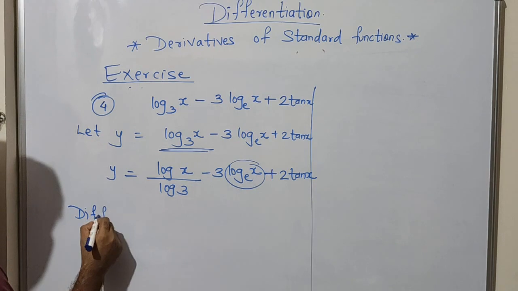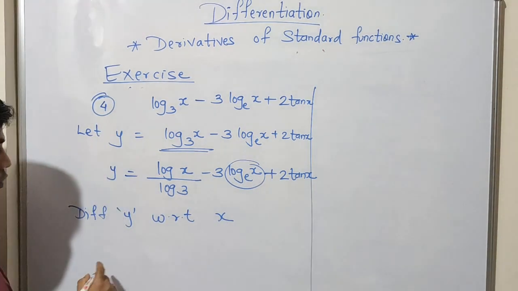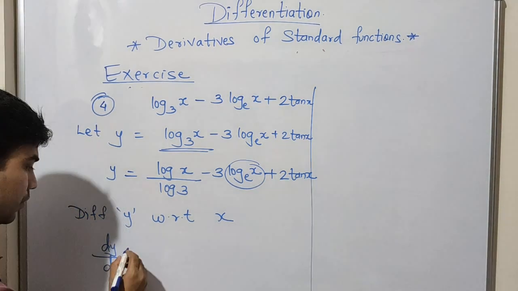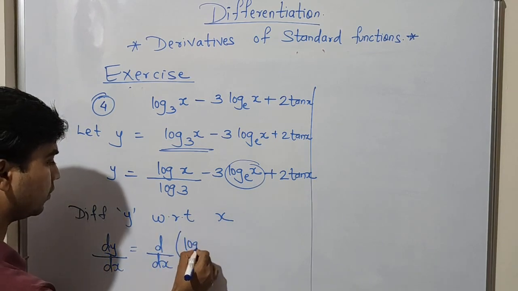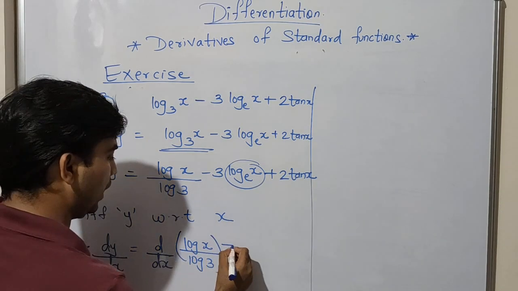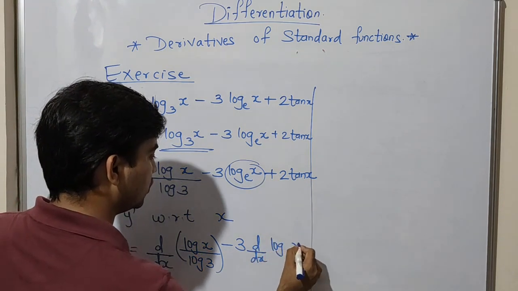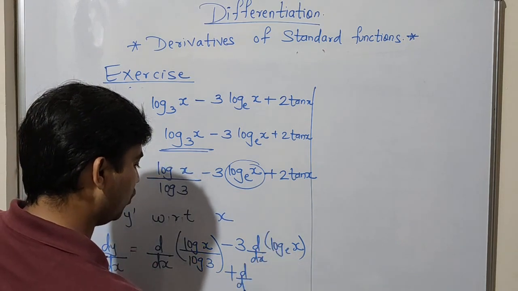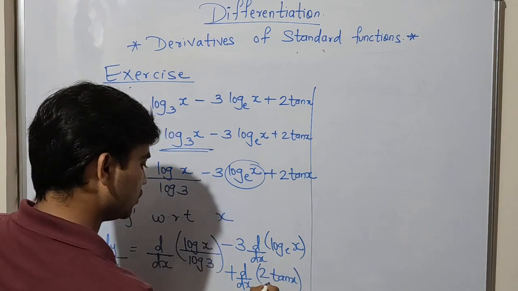So let us begin. Differentiate y with respect to x. So dy by dx. You can directly apply the sum rule. That is the derivative of log x by log 3 with respect to x, minus 3 into the derivative of log of x to the base e, plus the derivative of 2 tan x.